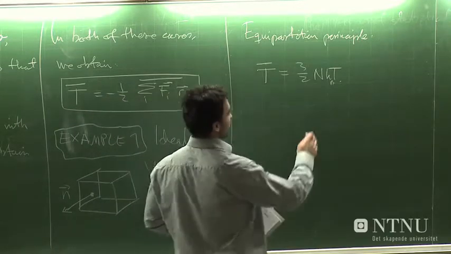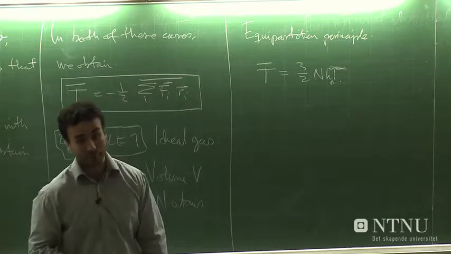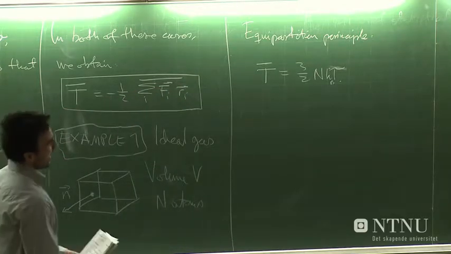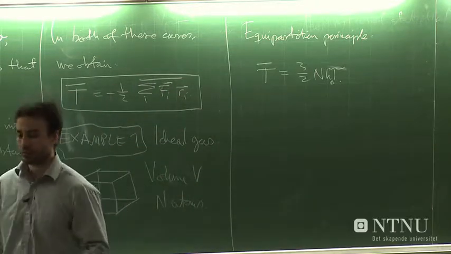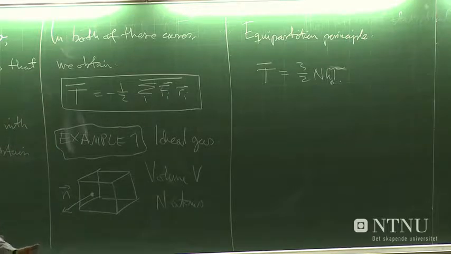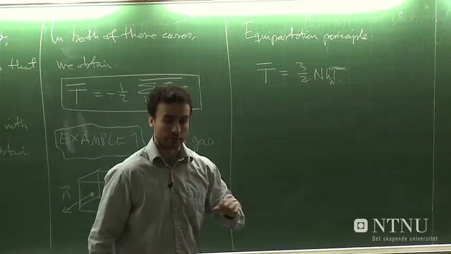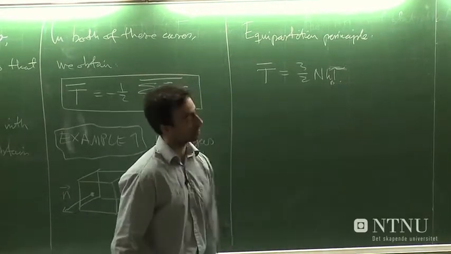And I realize now that T is a bad choice for a symbol, so let me call it curly T. The content of this equation is basically that the average thermal kinetic energy of a particle is 1/2 kB T at a temperature T. And if you have N atoms, and each atom is allowed to move in 3 directions, it becomes 3/2 N kB T.